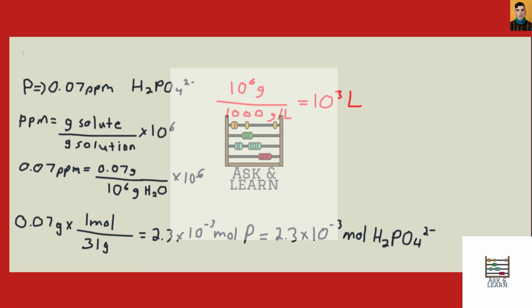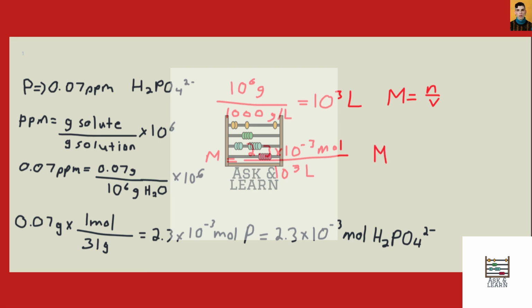So now to find the molar concentration, remember M is equal to n over V, where V is volume in liters. So we're going to divide this 2.3 times 10 to the negative third moles over 10 to the third liters.